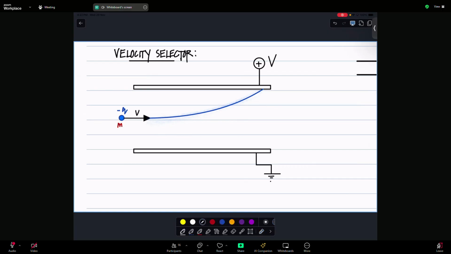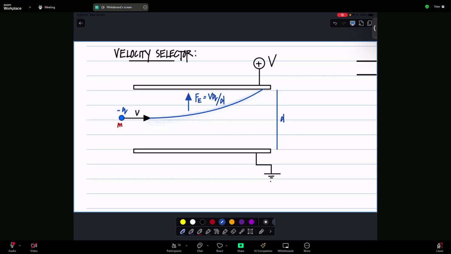So you have a force here, which is the electric force acting upwards. That is Fe, and that is VQ divided by D. And D here is the separation of the plates as we have seen before. Okay, so that is D. Clear about that? So now we'll try to do something. We will counter this movement by placing a magnetic field here.